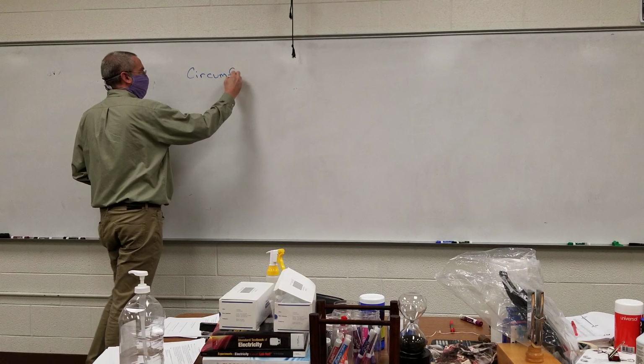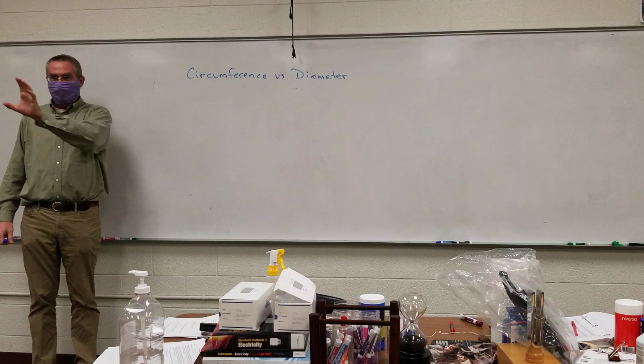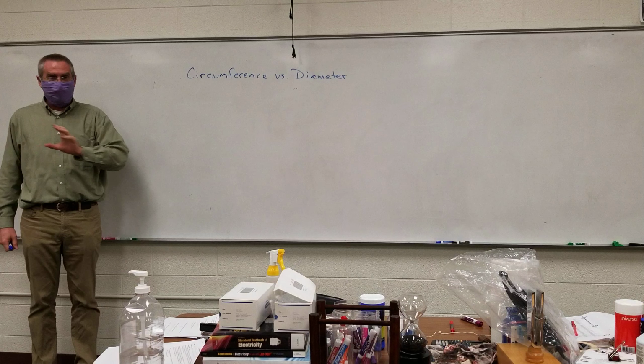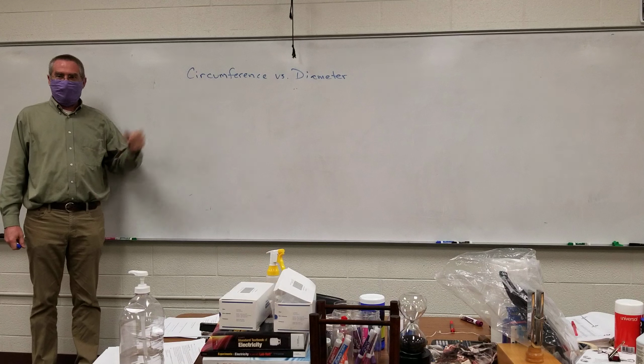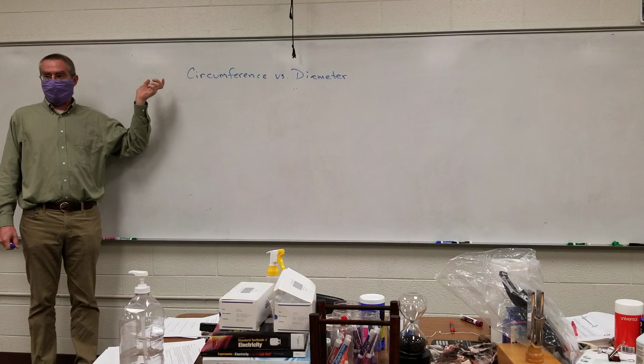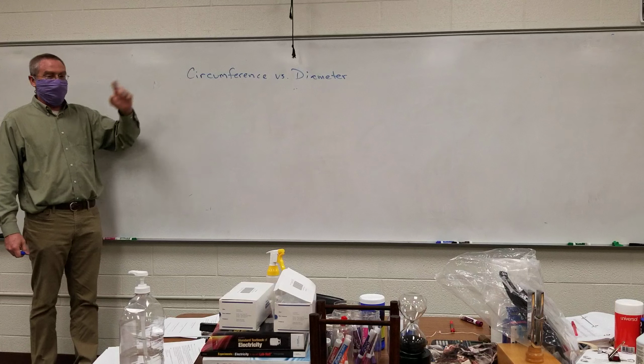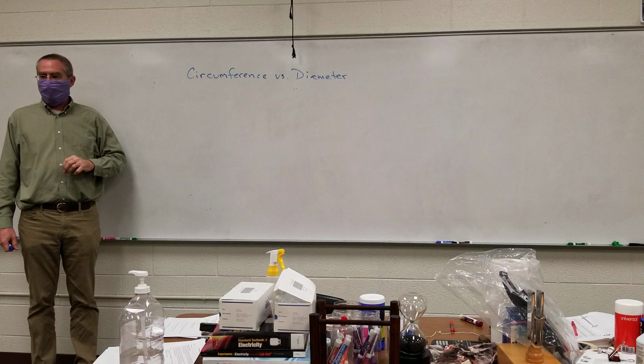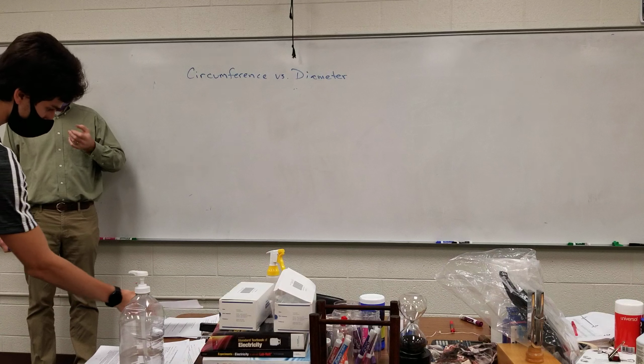Probably the biggest mistake people make on this one is not having a title, and this is going to be the title. When I say plot something versus something, I'm expecting that to be the title, circumference versus diameter. The word graph doesn't show up in front of it. I will be able to tell very quickly that it's a graph, so you don't need to tell me. But circumference versus diameter should be the title of everyone's first graph.